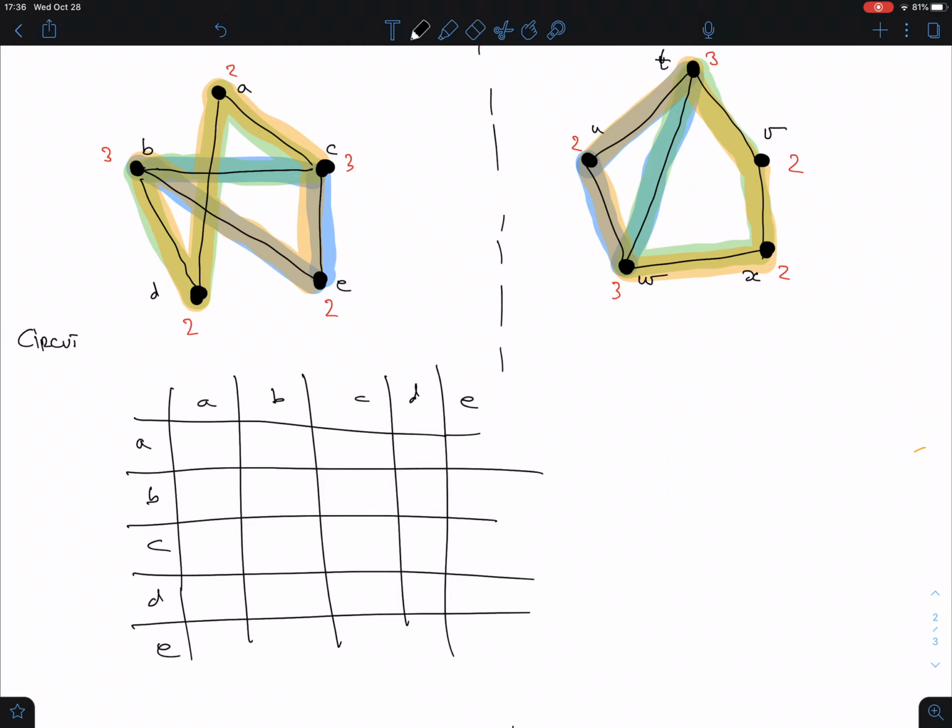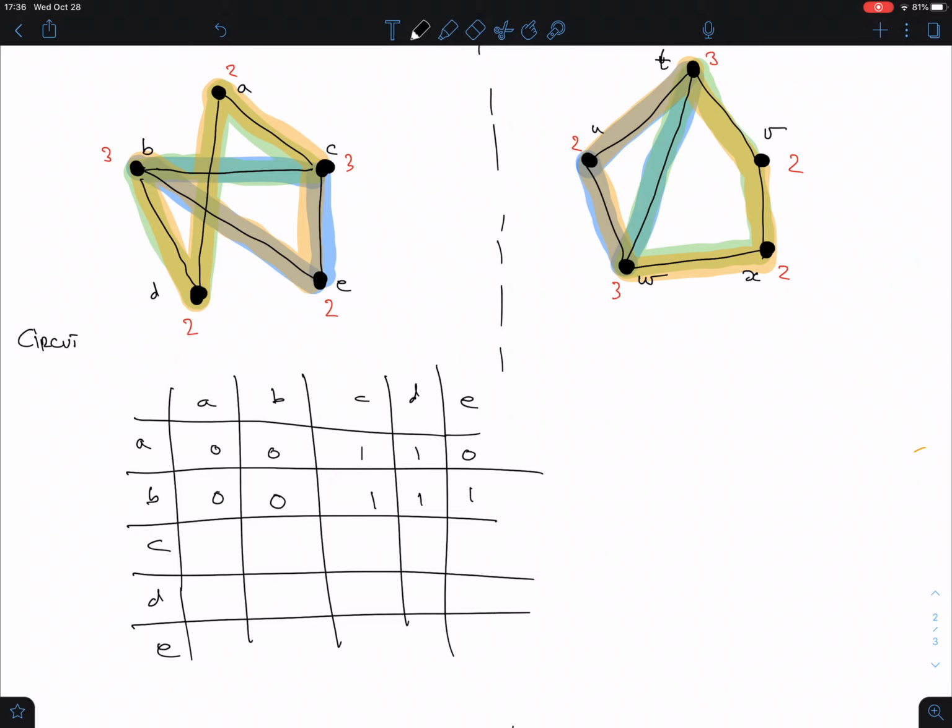And remember, what we have to do is put a 1 if there's an edge and a 0 otherwise. So there's an edge from A to C and one from A to D, and everything else is a 0. B has degree 3, so I will have 3 ones in this row: it connects to C, D, and E, and so these two are 0.